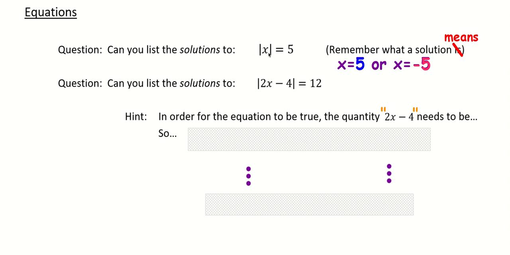There's two solutions here. If x was 5, that would make it all work, because the absolute value of 5 equals 5. But you could also have x be negative 5, and this is true. The absolute value of negative 5 equals 5. So that's kind of what is going to be happening in this section.